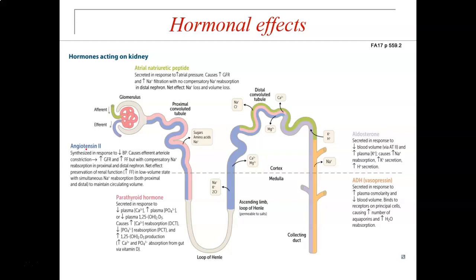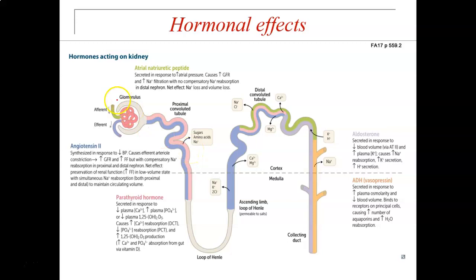So we can see angiotensin II, released in response to decreased blood pressure, causes efferent arteriole constriction. Think about it. Remember GFR? When we impact GFR, that's what impacts everything else.